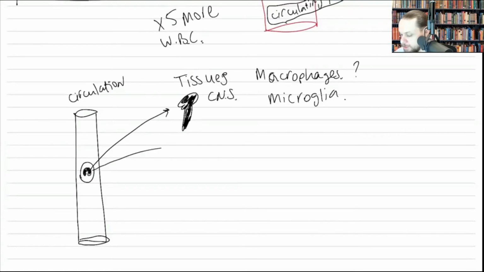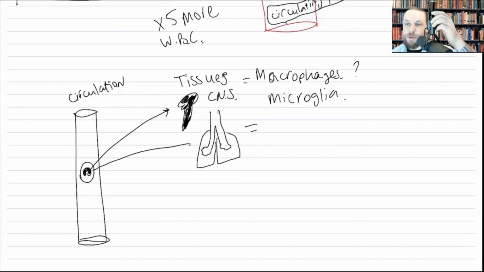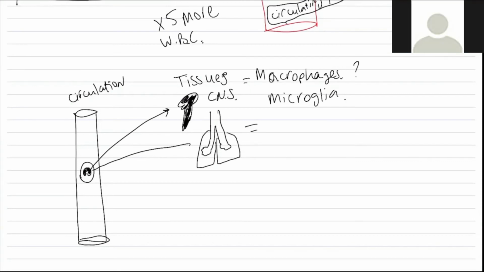Then in your lungs, we talked about in the respiratory chapter, what are the names of the macrophages found in your lungs? These cells circulate in those tissues, and they're constantly surveying the environment. They're looking for bacteria to phagocytize.